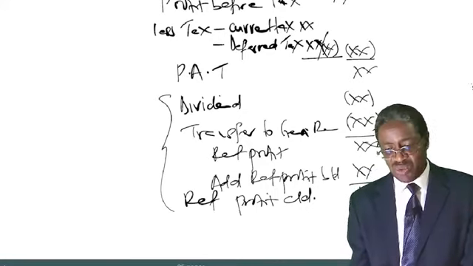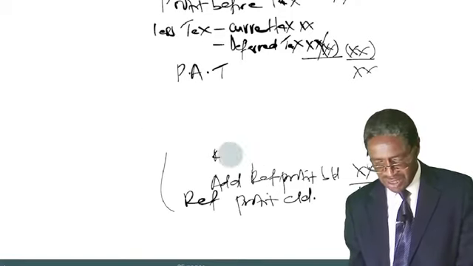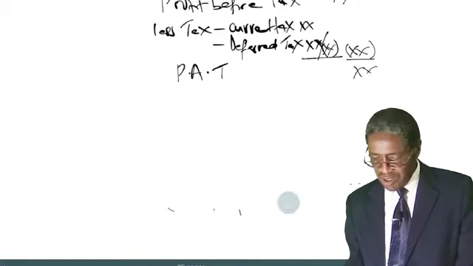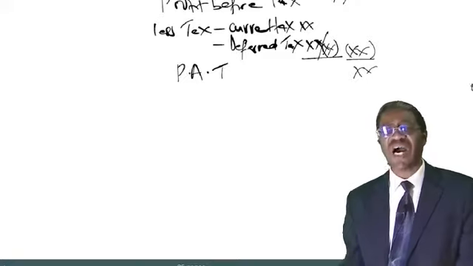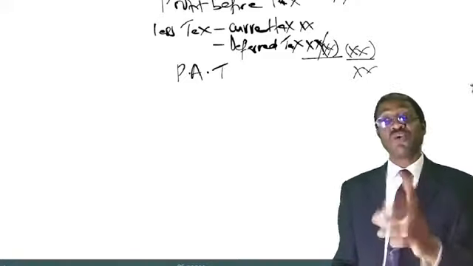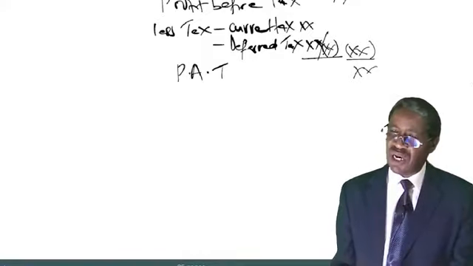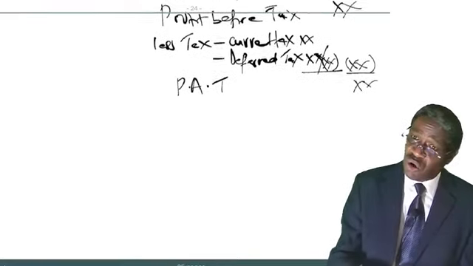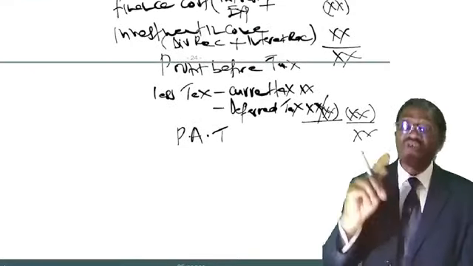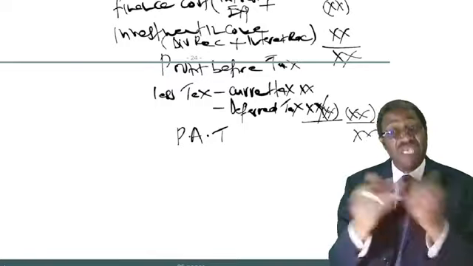Otherwise, now that we are preparing an income statement for publication purposes, I have told you that once you get the profit after tax, you don't do the appropriations. Up to that point, you have prepared what we call the statement of profit or loss, or what simply you can call an income statement.